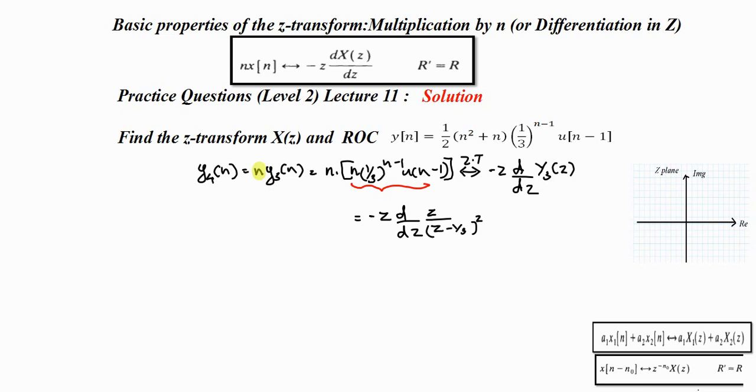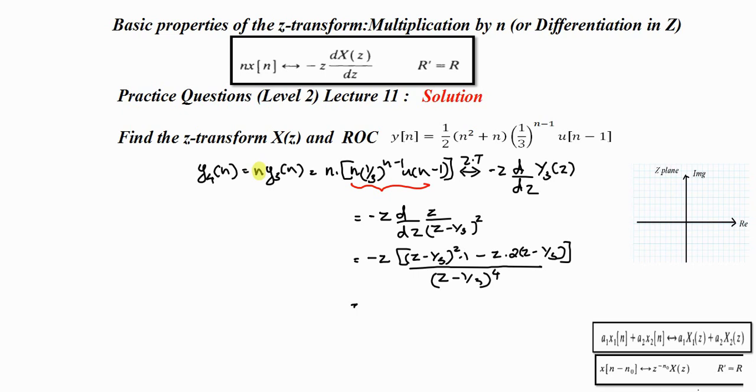Now we need to differentiate this portion, and if you differentiate this you will get minus z into z minus 1 by 3 the whole square into derivative of the numerator is 1 minus z into 2 times z minus 1 by 3 as numerator, and the denominator you will get z minus 1 by 3 all raised to 4.